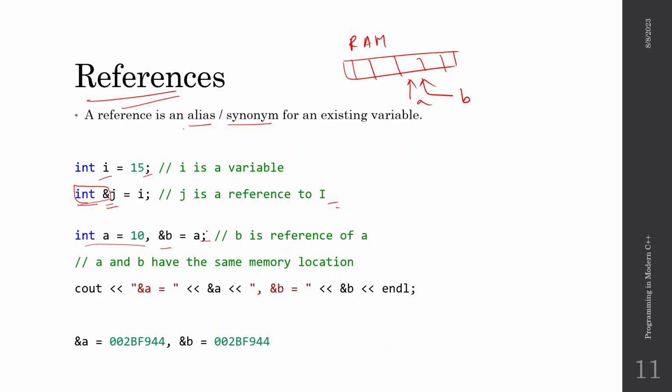So this is what this line means. You can see the similarities between this and pointers. If you also print their addresses, then the addresses will be the same.